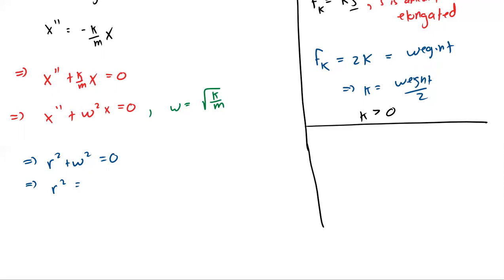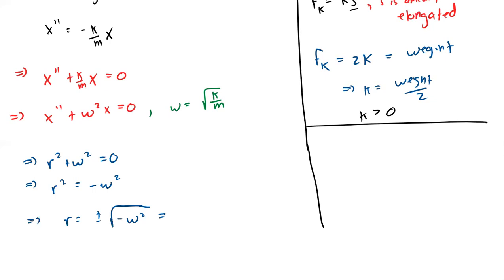r squared equals minus omega squared, or w squared if you're saying omega. So r equals plus or minus the square root of minus w squared. Okay. w squared is always a positive quantity, right? So what does that mean for us? Well, we have a positive quantity times i, the square root of negative 1.